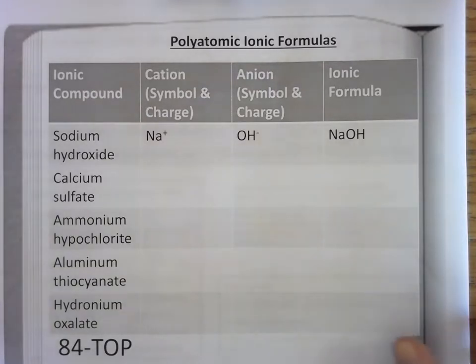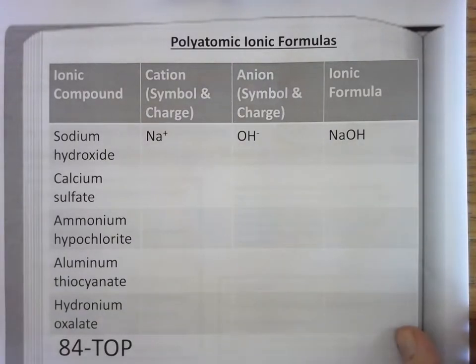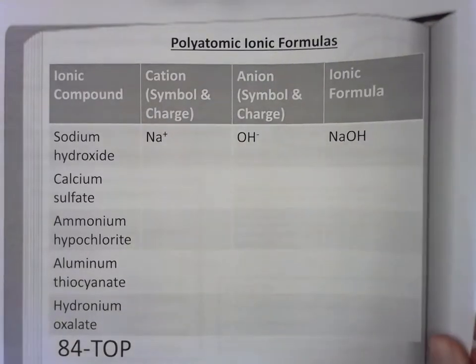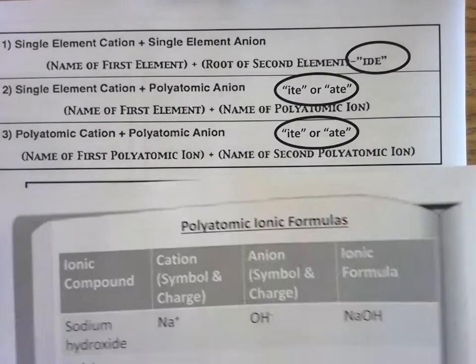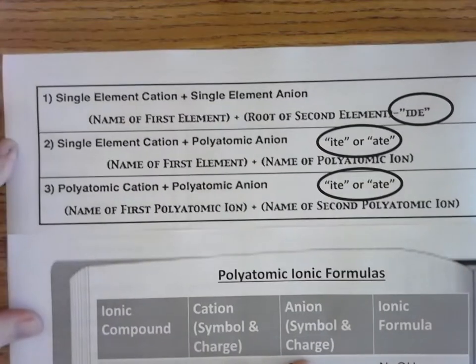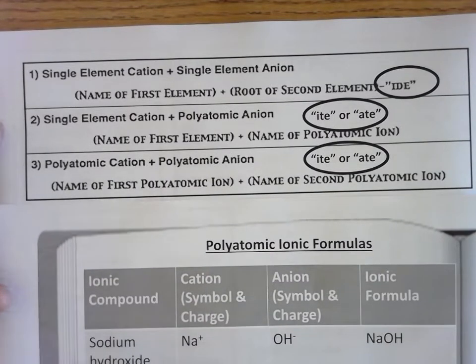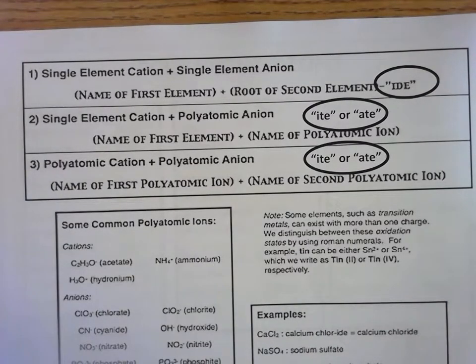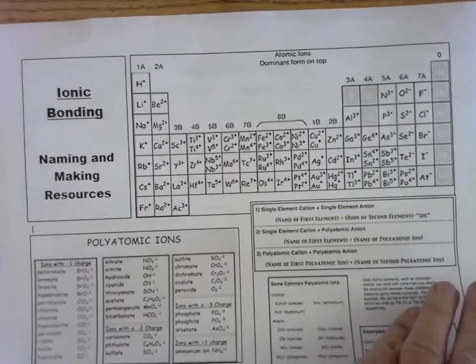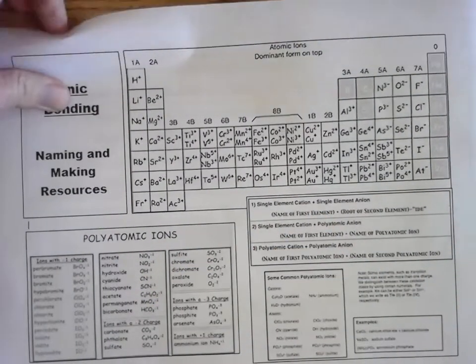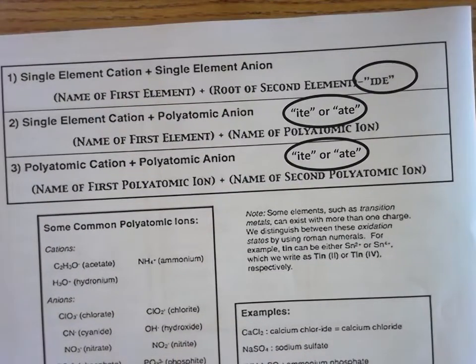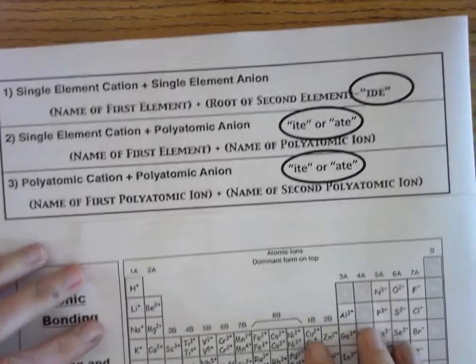Alright, so we're going to go through this really quickly. I'd first like you to go to the back of your notebook, and on this that you have glued back there in this box is this. There's a lot of information on it, but I want you to pay attention to this part.